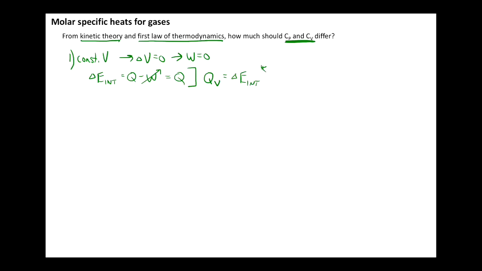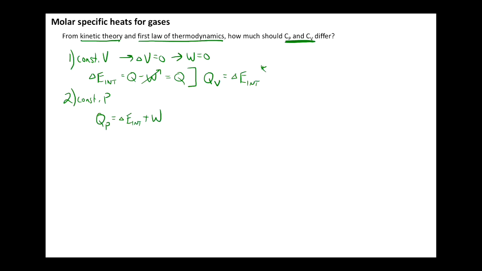Since we're trying to compare CP and CV, I need to look at the other constant process as well and look at constant pressure. In the case of constant pressure, we could say that Q in constant pressure is equal to the change in internal energy plus W. Again, from the first law of thermodynamics, we've just rearranged it.